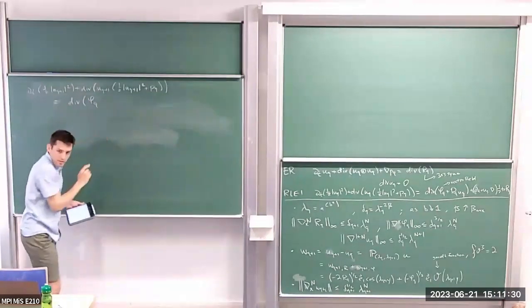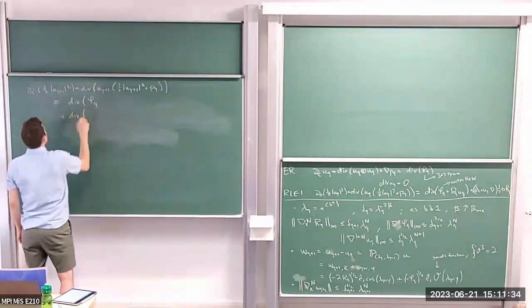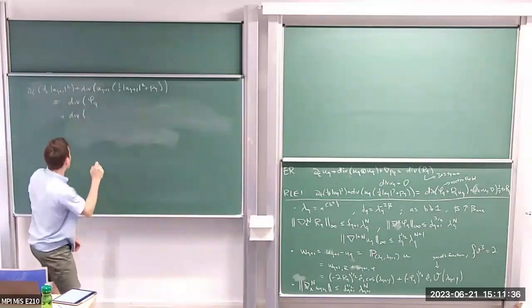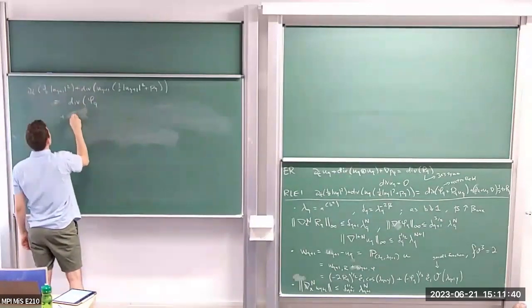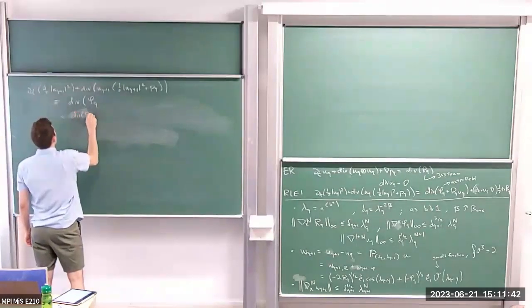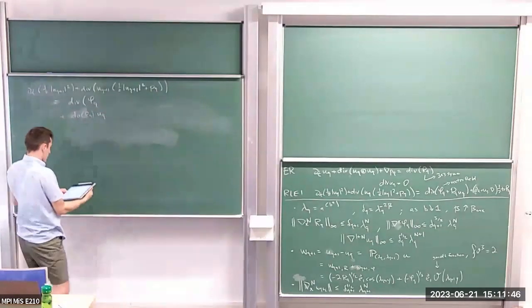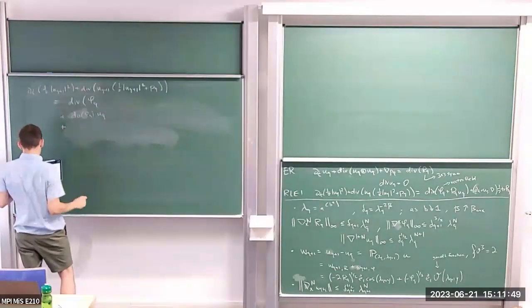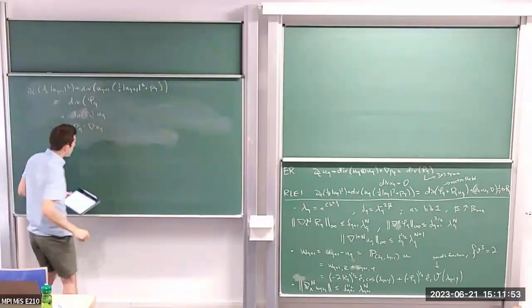I'm going to add some other stuff to it in a second. I'm going to have divergence of RQUQ, which I'll split up as divergence of RQ dot UQ plus RQ contracted against gradient of UQ.